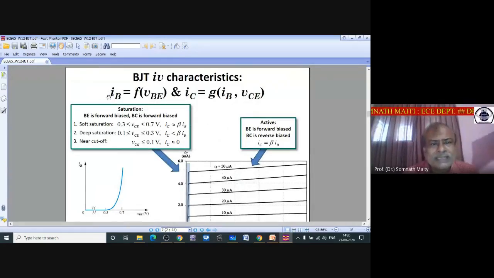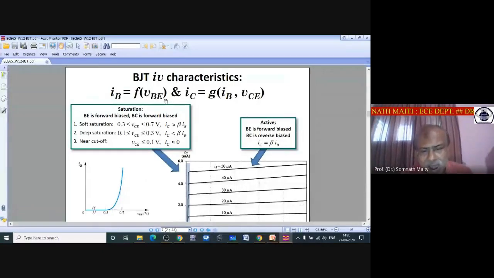Base current is a function of VBE. IV characteristics can be divided into two different plots. One is base current as a function of VBE. Base current is the input current and base to emitter voltage is the input, because collector current is a function of base current. If you vary base current, collector current will vary.